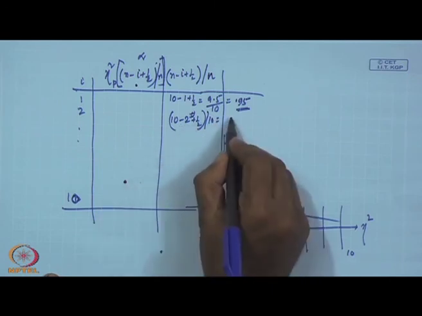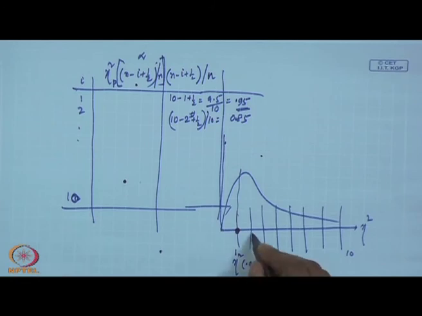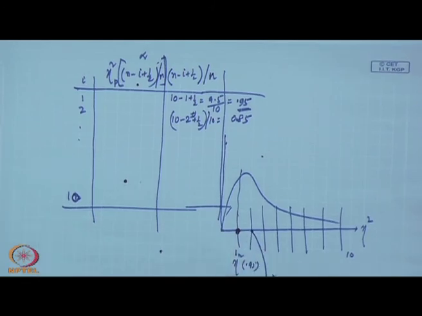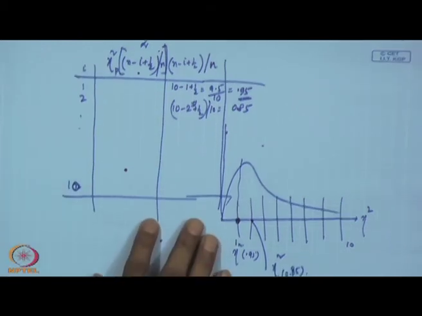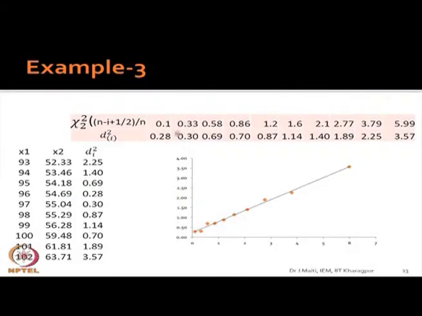This will be 8.5, meaning 0.85. So, for the second value you find chi-square 0.85, which is 0.33. The third one will be 0.75, 0.58, 0.65, chi-square 0.65, 0.86. So, like this.